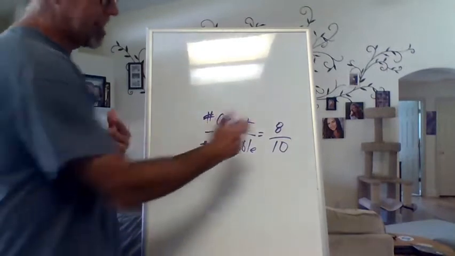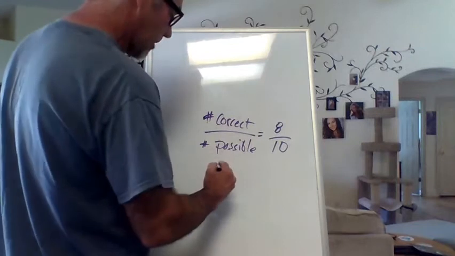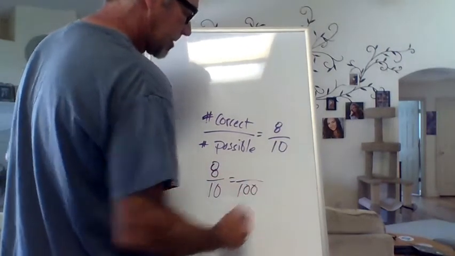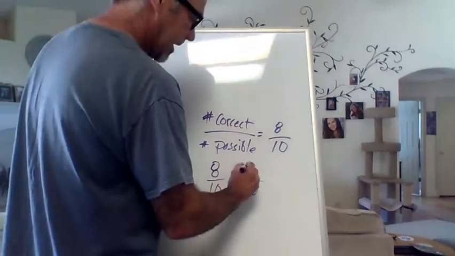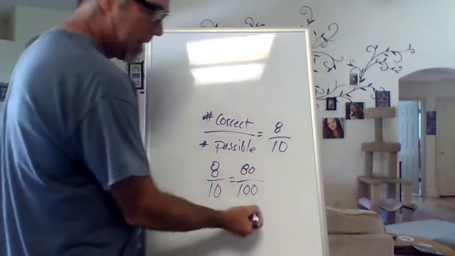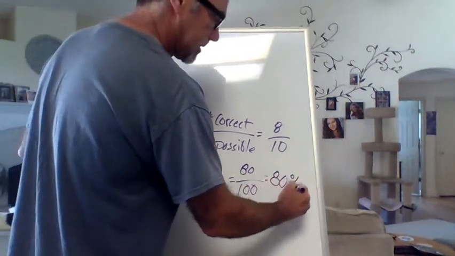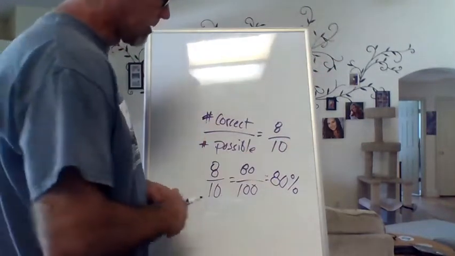We can then convert that into a grade or a score by saying 8 out of 10 is equivalent to how much out of 100? Again, magic 1. 80 out of 100, which is 80%. And 80% then, you could look at a grade scale and you could go there.